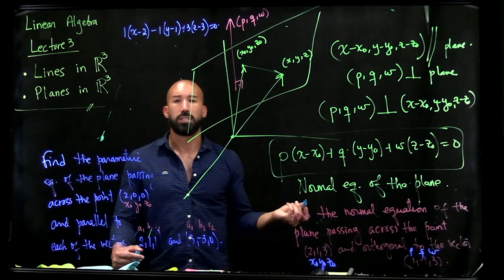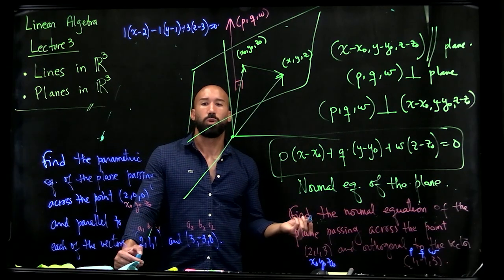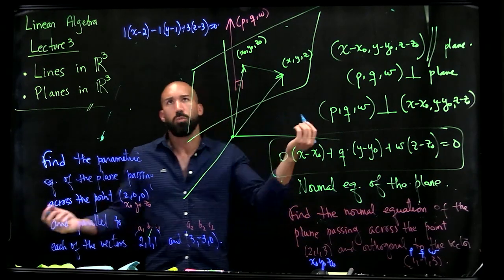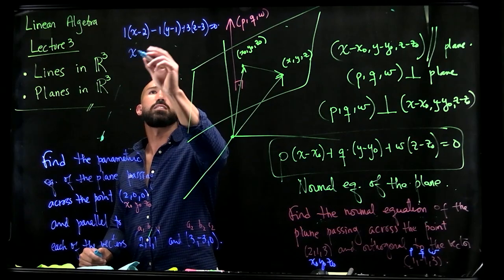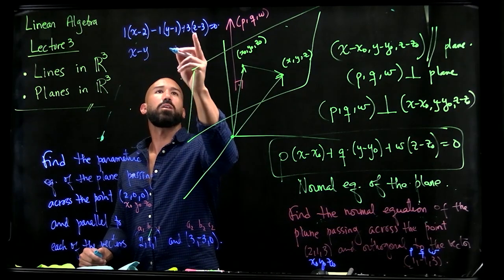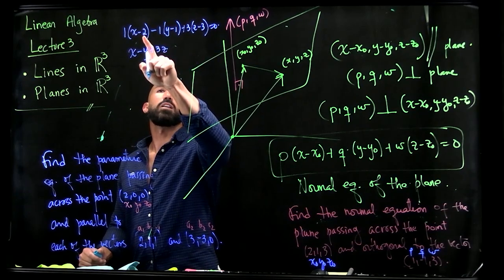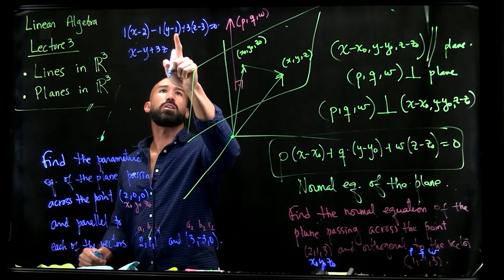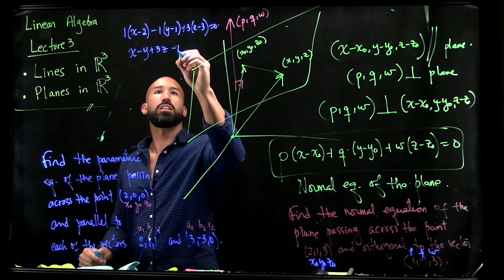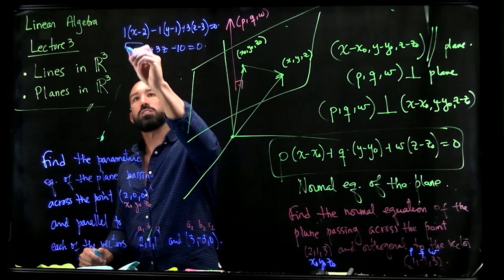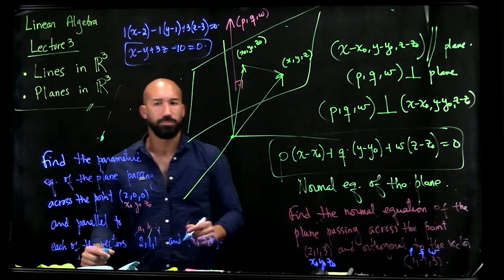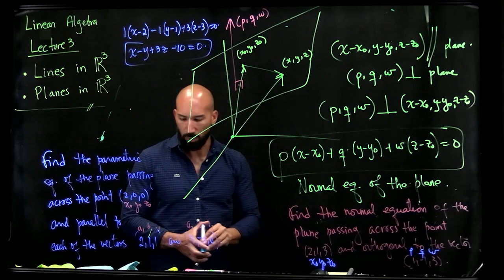And this is going to be basically the normal equation of the plane in this case, which obviously we can rewrite as x minus y plus 3z minus 2 plus 1 minus 9, that is minus 10, equal to 0. All right? So these are the very easy exercises that we can solve.